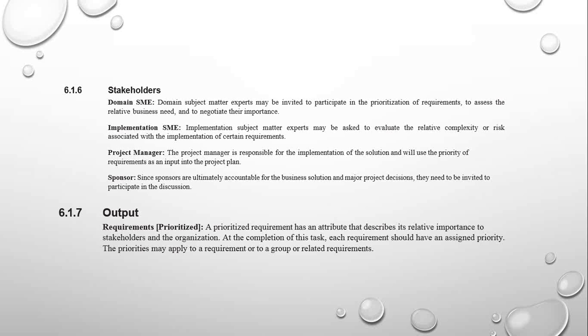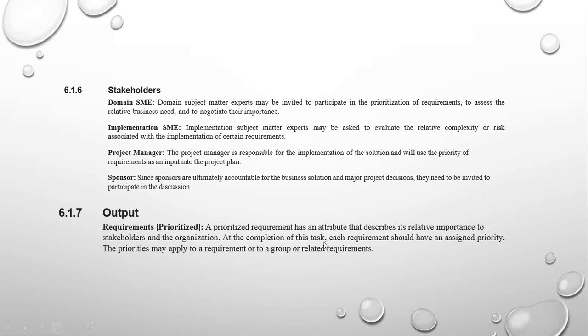So now, when we say attribute in the sense, what are the factors which were considered to say that, okay, this requirement is an important priority requirement which we must implement. So that's what this attribute is all about.